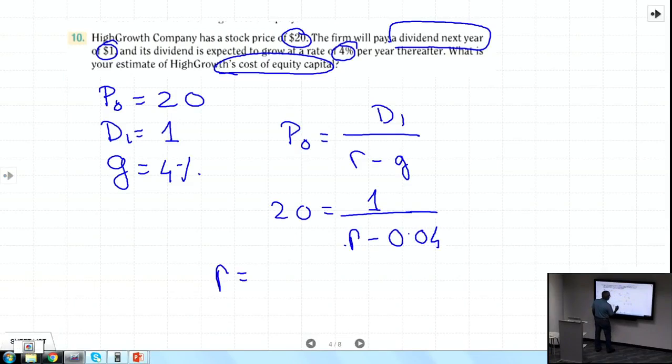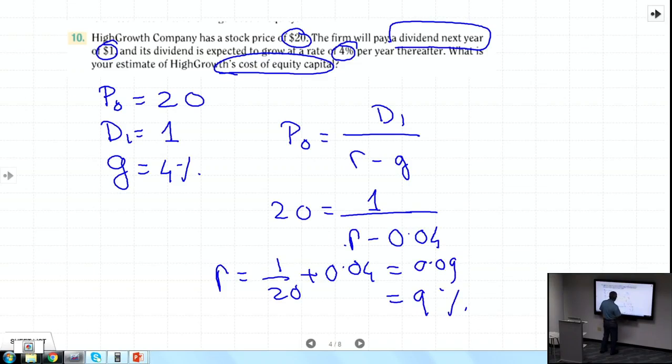So R is going to be 1 over 20 plus 0.04. It's going to be 9%. So RE, the cost of equity, is going to be 9%.